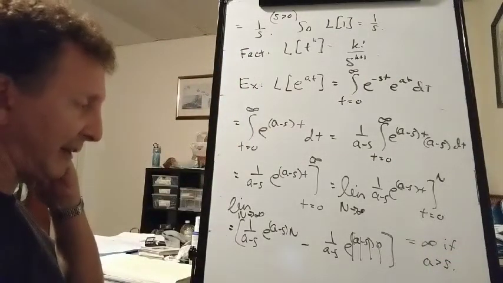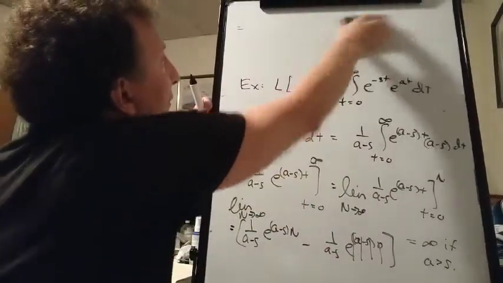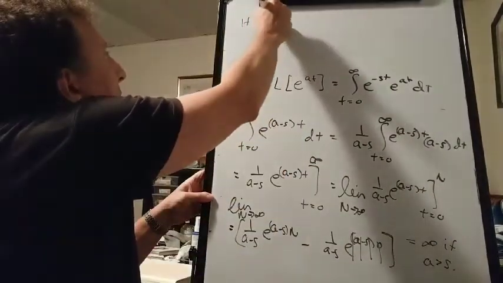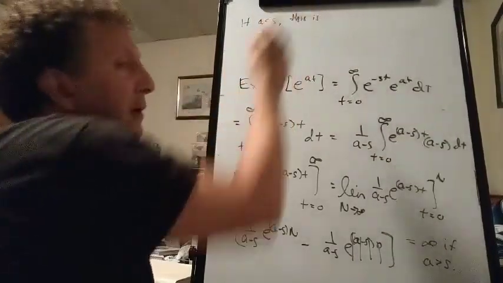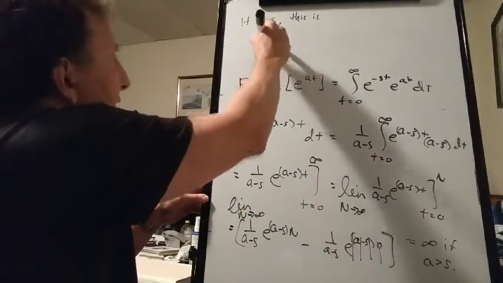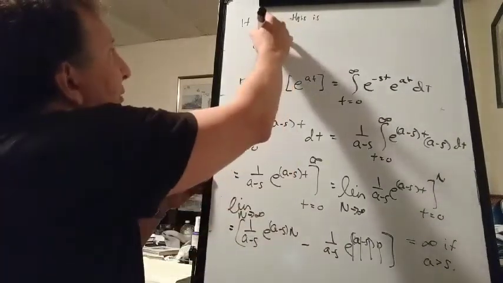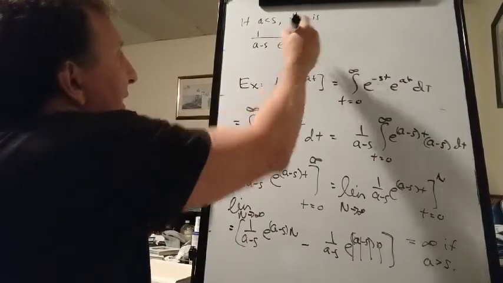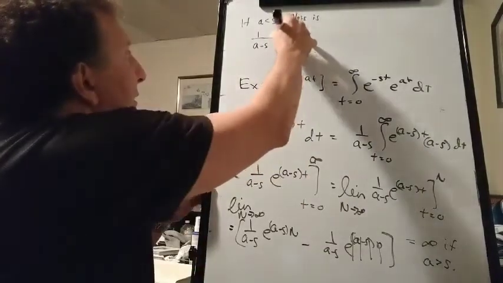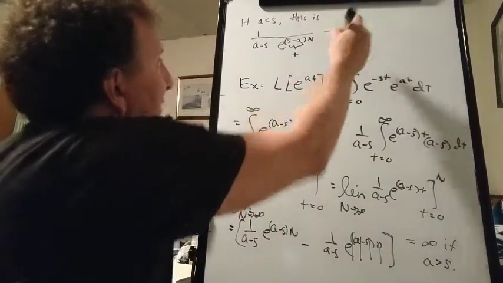So what happens if a is less than s? Then a minus s is negative, so I could write that as 1 over e to the s minus a times n, and then that's going to be positive, minus 1 over a minus s.